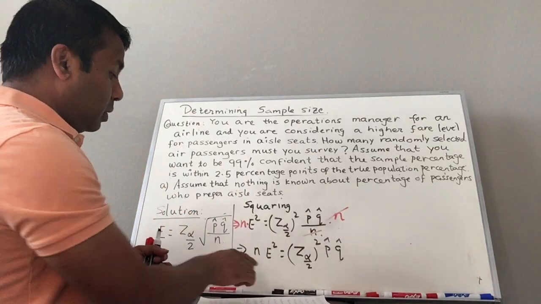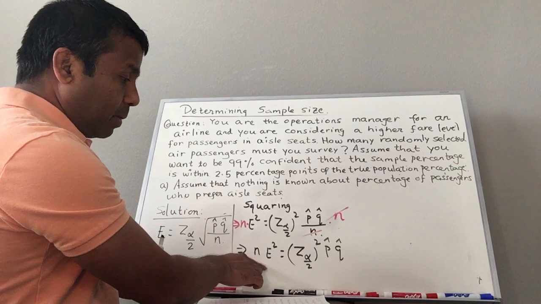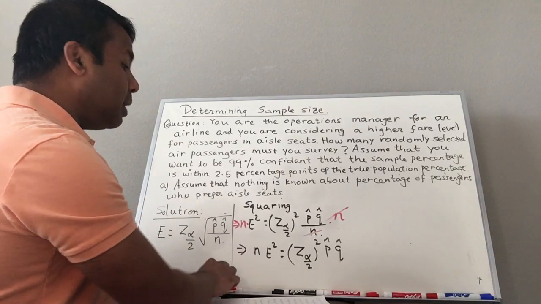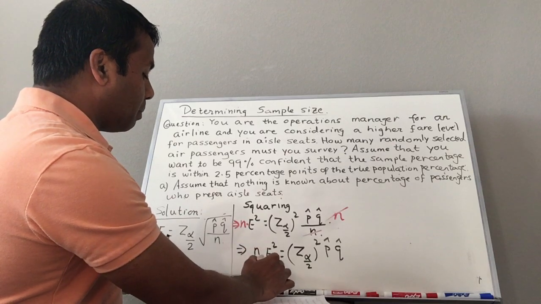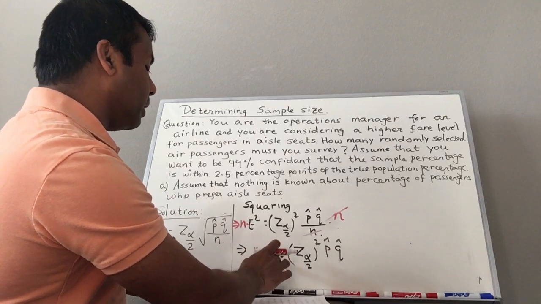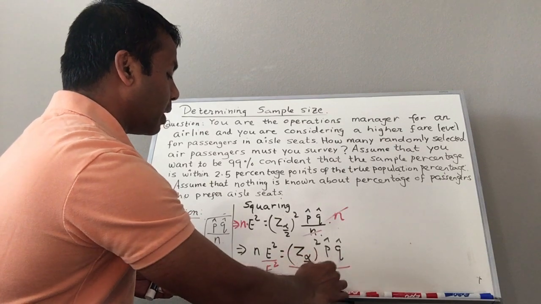Then you divide both sides by E squared, and the E squared cancel on the bottom.